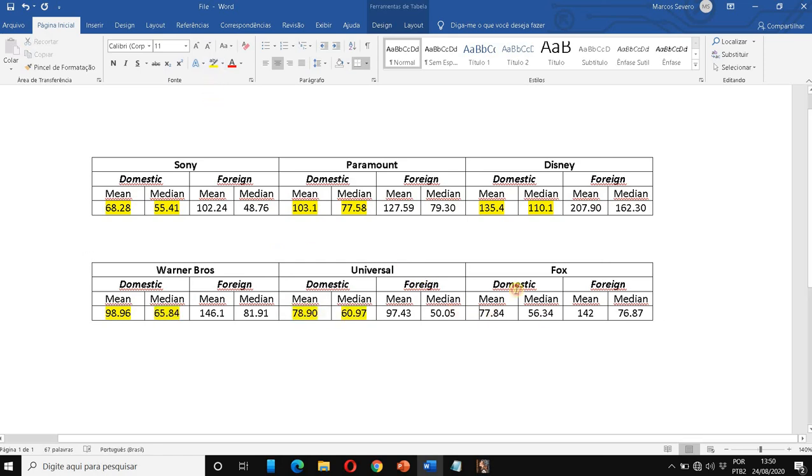Okay, which one exhibits the highest domestic gross revenue? In terms of the mean value, it is Disney, right? Okay, in 135 million dollars they generated alongside the years.